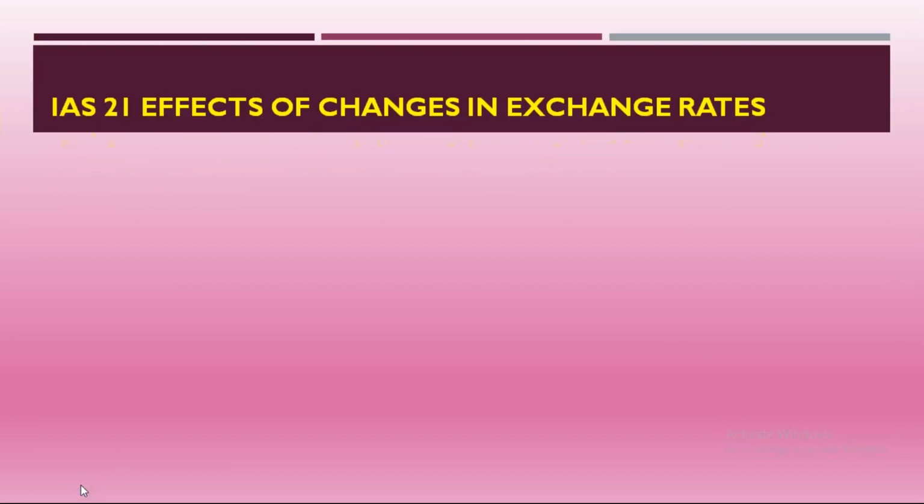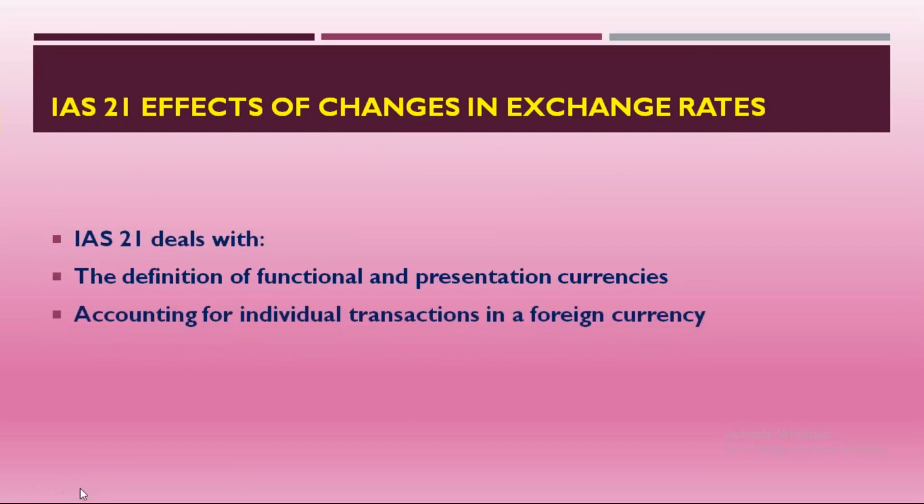So we know it's all about IAS 21. That's the standard that we have. Basically, it tries to define two sets of currencies, what we call the functional currency and the presentation currency.